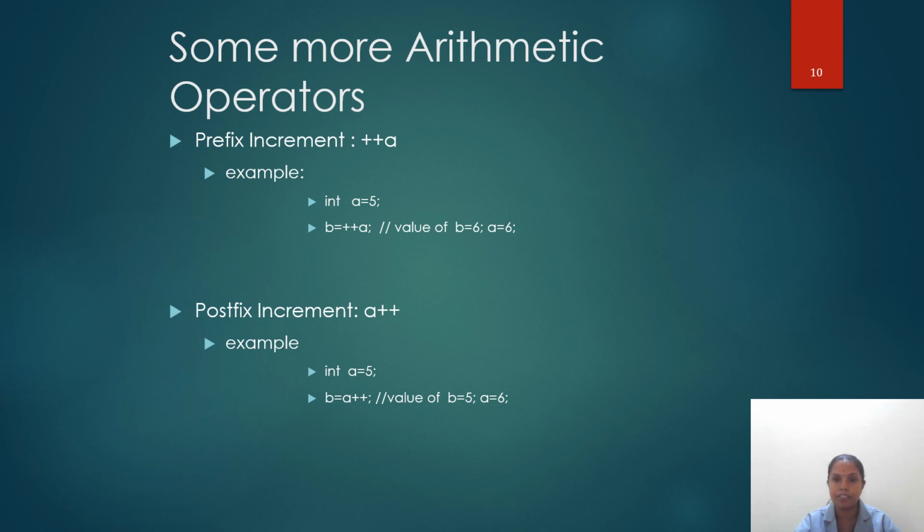The value is incremented from 5 to 6, so b equal to 6, and a is also 6. But in the postfix increment, first we print the value, then we increment the value. See the example, int a equal to 5. First b equal to 5, and a is then 6. These are the prefix and postfix increment operators.